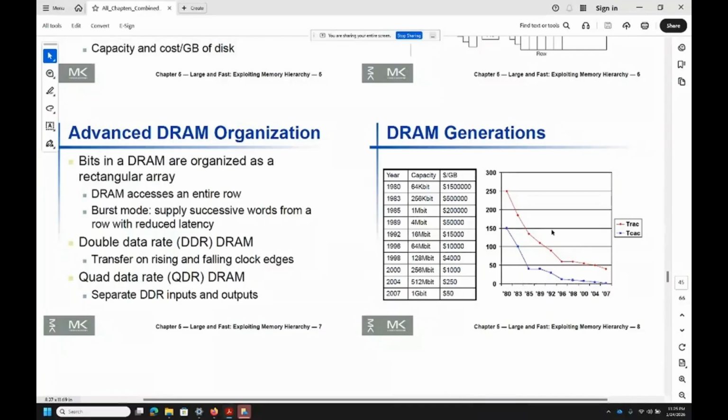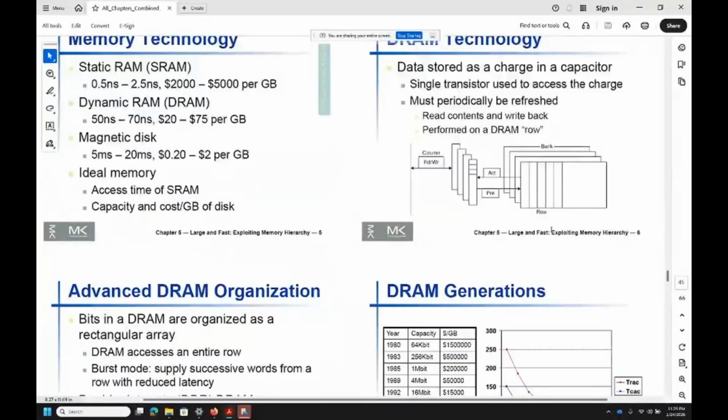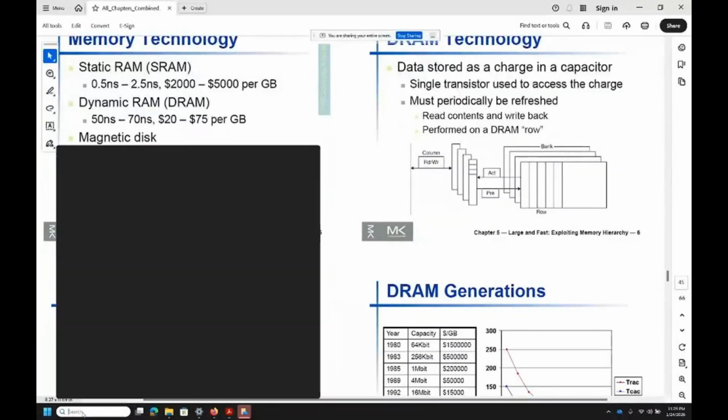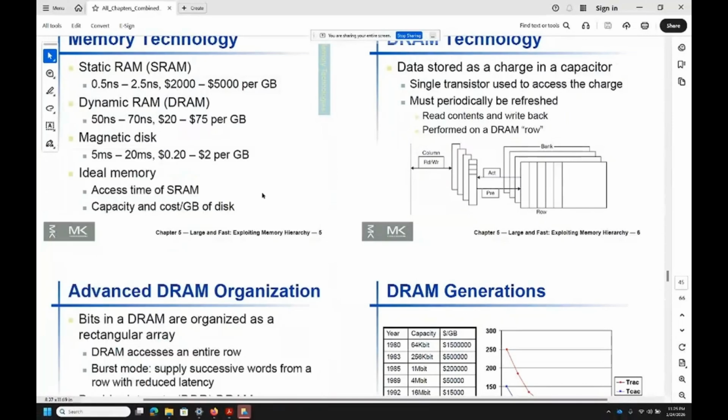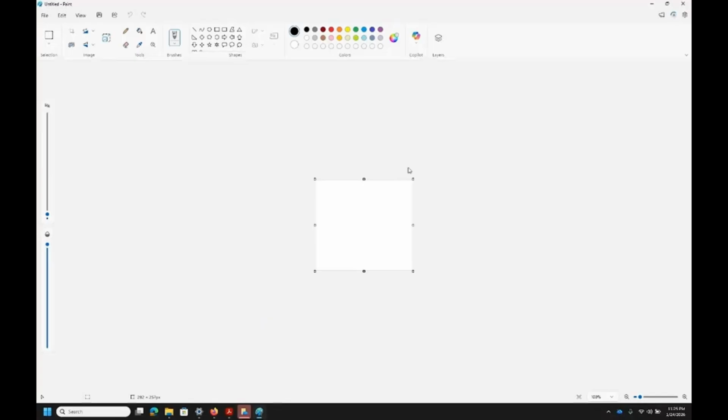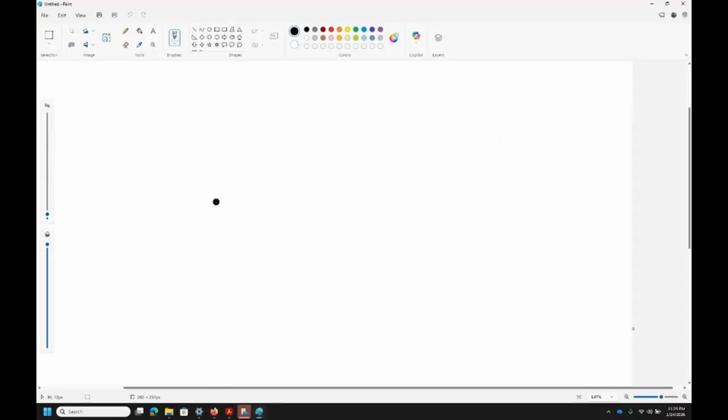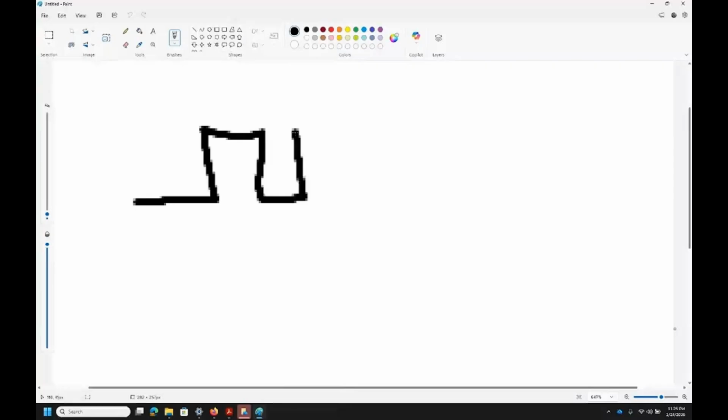So if you represent the rising and falling clock cycle, again, in the absence of a whiteboard, we'll take the help of our good friend MS Paint here and zoom in. So a digital signal looks something like up, down, up, down.